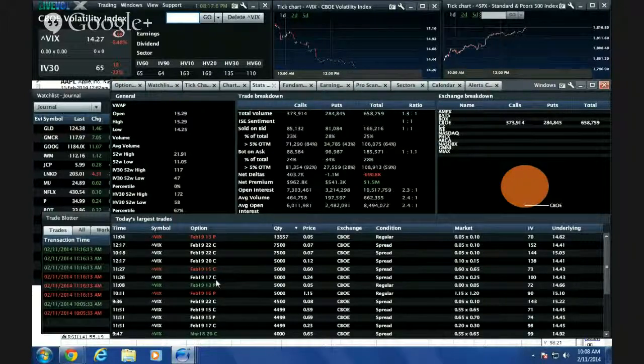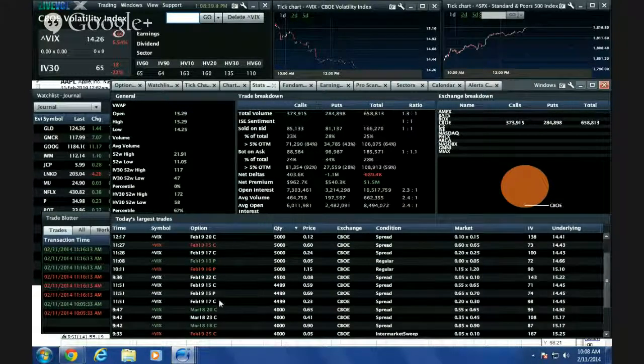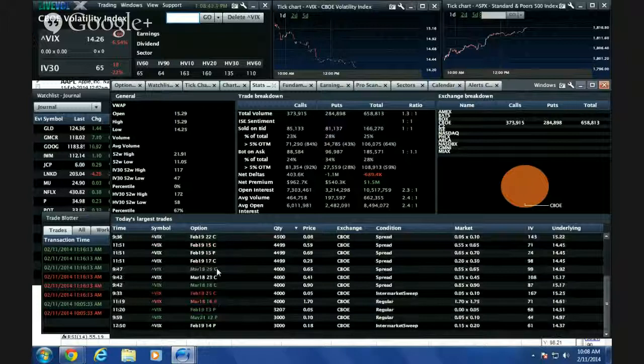This was my first one that I saw that wasn't bullish on the VIX, where generally people are betting on the VIX rising. If you look at the very next one right here, people are just generally buying calls and doing spreads.